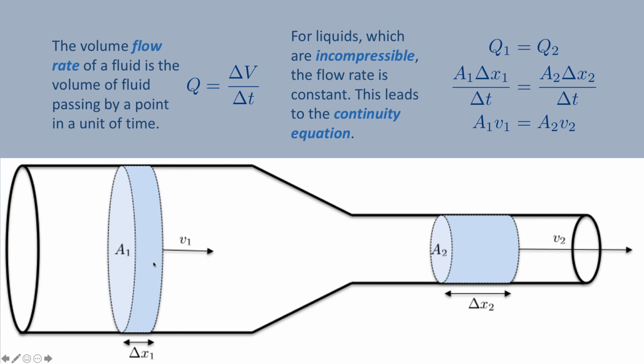That's how fast this chunk of fluid is moving, which means this chunk of fluid is moving at a different speed. The thing that relates them is their area changes. So area 1 times velocity 1 is the same as area 2 times velocity 2. And that's what preserves the continuity of flow, that the flow rate is the same everywhere. We call this the continuity equation. So this relationship right here is the continuity equation.